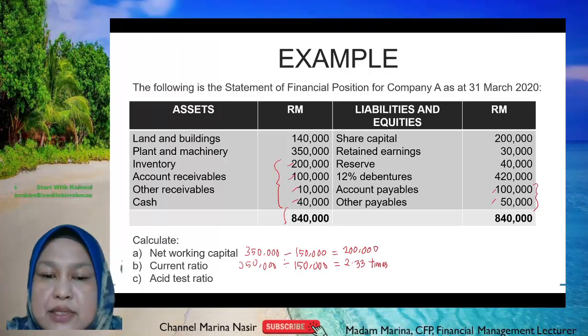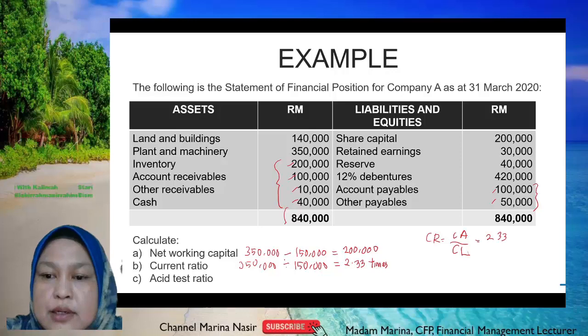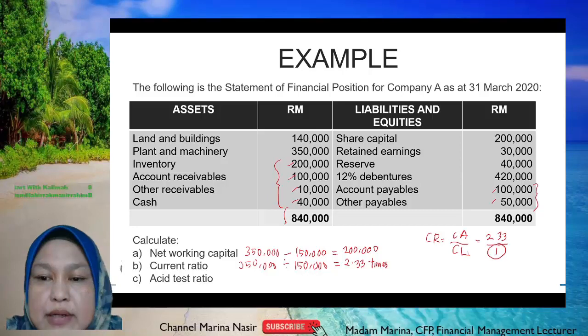2.33 times means that, what is our formula? Current ratio, current asset divided by current liabilities. Now our answer is 2.33. How to interpret? For every 1 ringgit of Company A's current liability, Company A has 2 ringgit 33 sen of current asset.